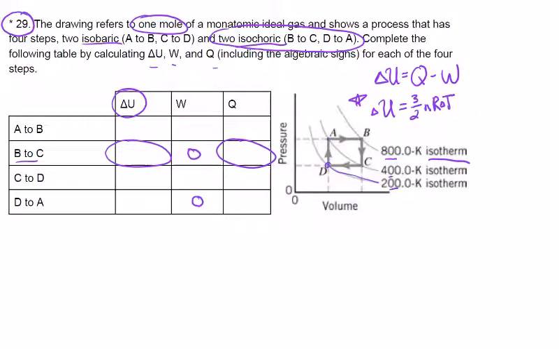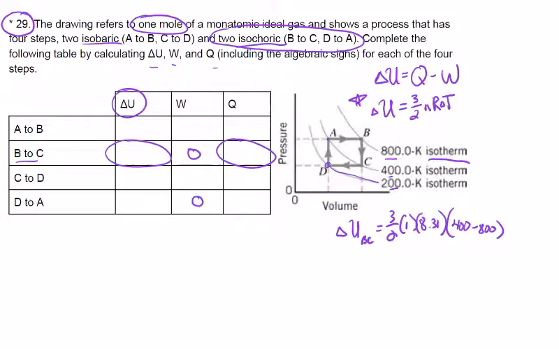So for example, if I was doing B to C, the change in internal energy from B to C, I would take 3/2 times my number of moles, which is 1, times the ideal gas law constant, 8.31, and then my change in temperature. So from B to C, I'm going from 800 Kelvin to 400 Kelvin, so it'd be 400 minus 800.